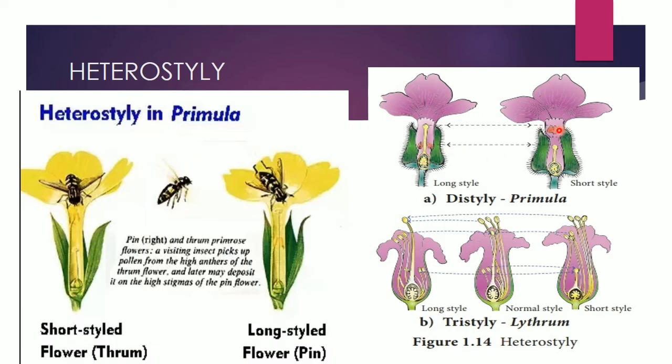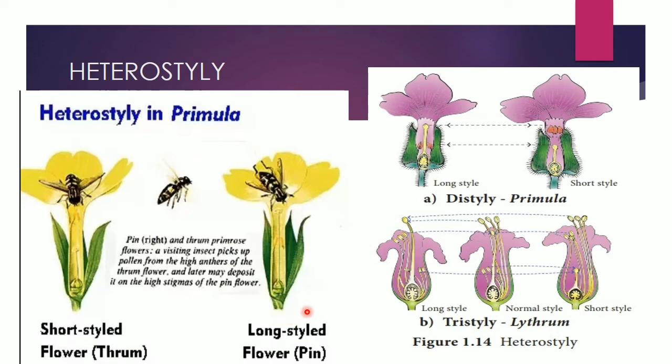Here also, when the style is too short, it is not of the same level, so there is a chance of cross-pollination. The style will have different heights, not the same height as the filament and anther, and that way it promotes cross pollination.